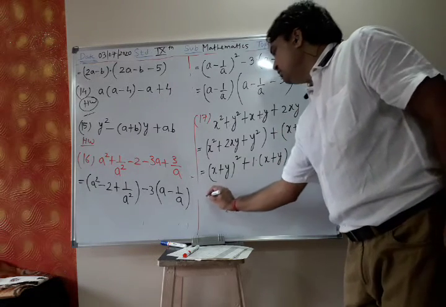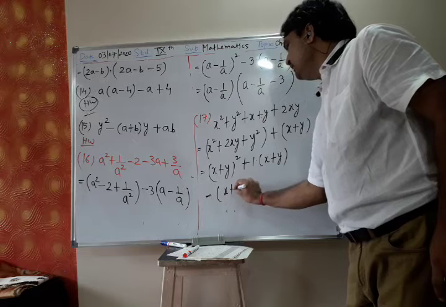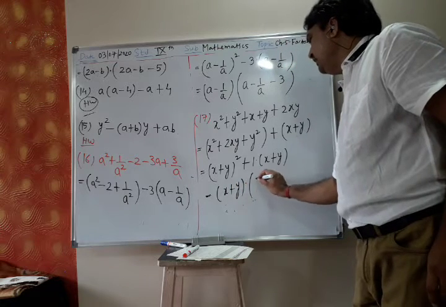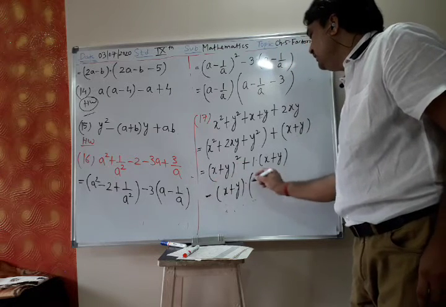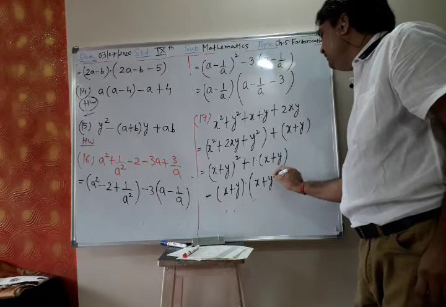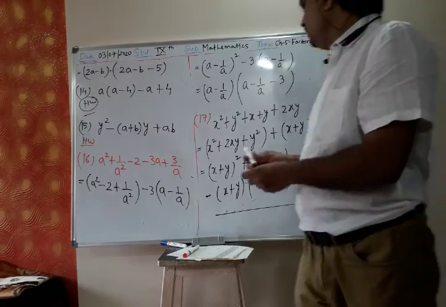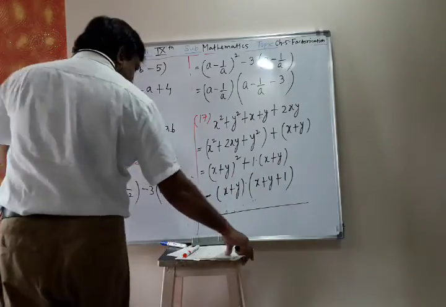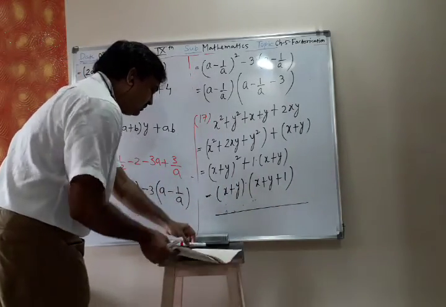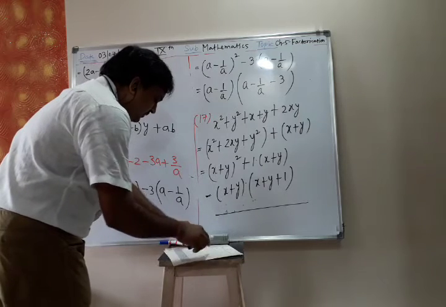Now x plus y is common. Then what is left in the bracket? x plus y whole square leaves one x plus y, and then plus 1. And this is the answer: x plus y into x plus y plus 1.